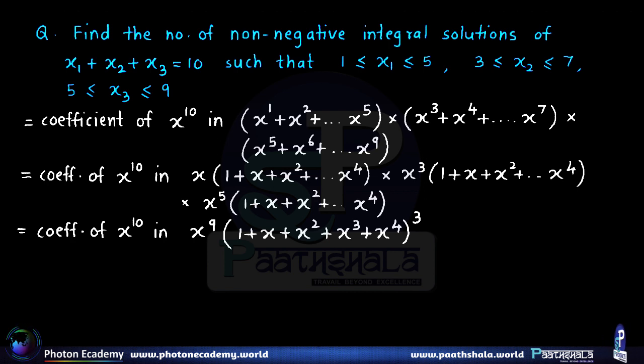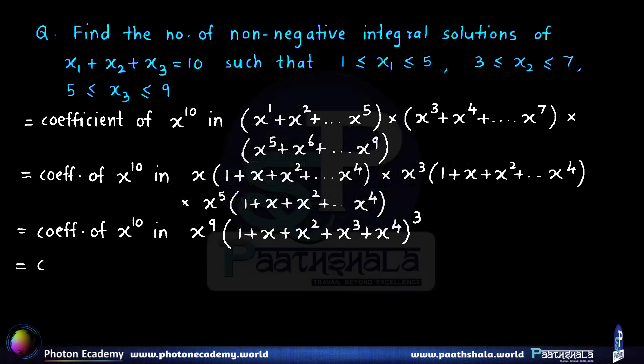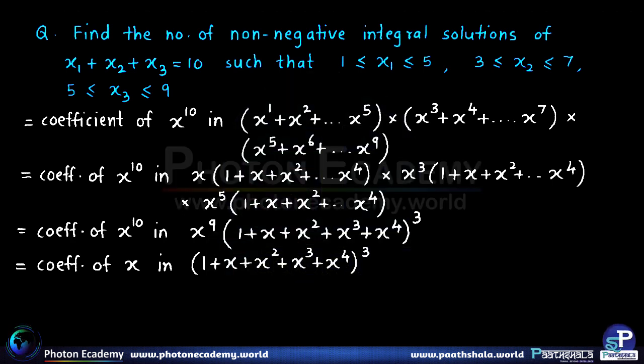Now we want to find the coefficient of x raised to 10 in this entire expression, and we already have the term x raised to 9 outside, so from the remaining bracket we just want to find out the coefficient of the x term. So we can equivalently say that it is the coefficient of x in 1 plus x square plus x cube plus x raised to 4, raised to 3.